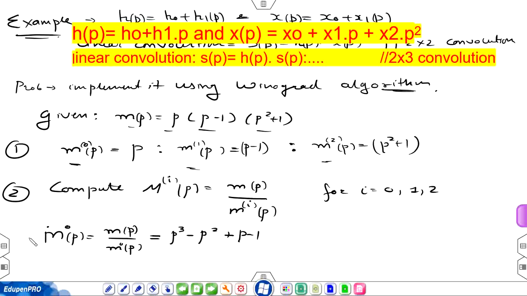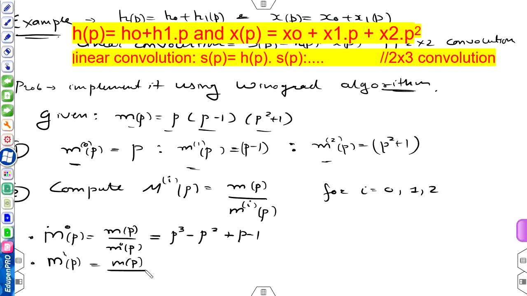Okay, M1(p) is given by m(p) divided by m1(p), and m1(p) is p minus 1, so p minus 1 will cancel out, so it is the product of p into (p square plus 1), so that is p cube plus p.